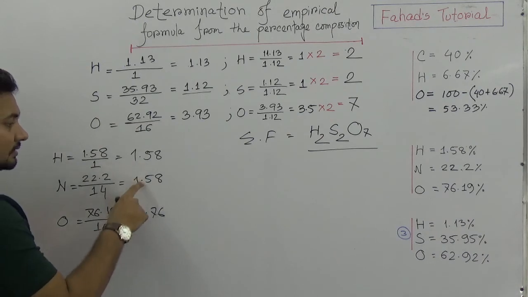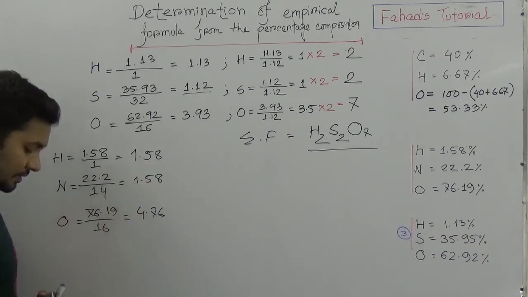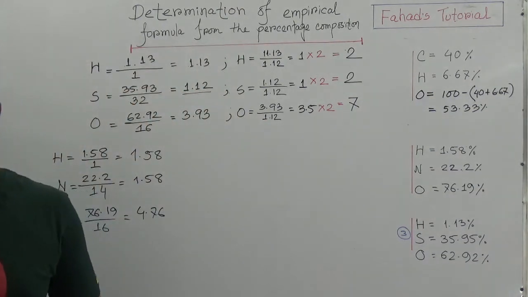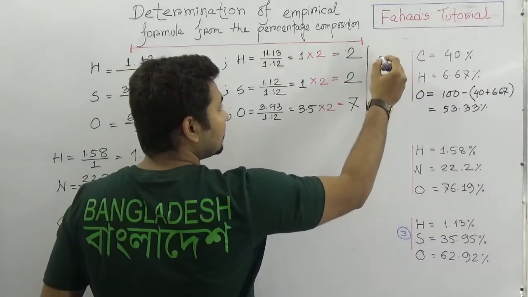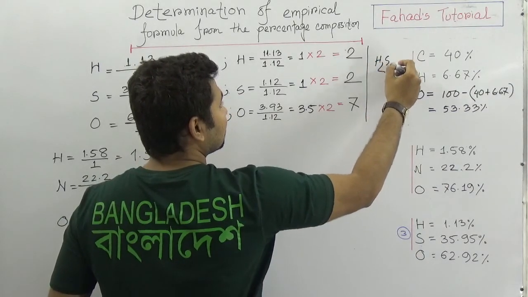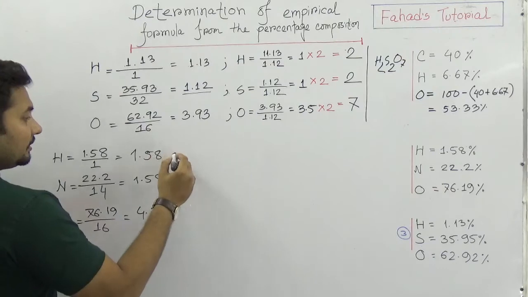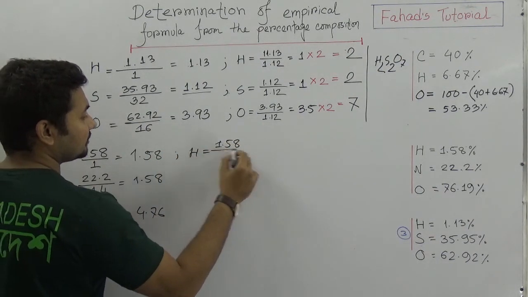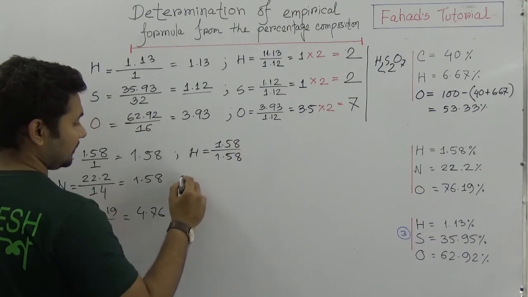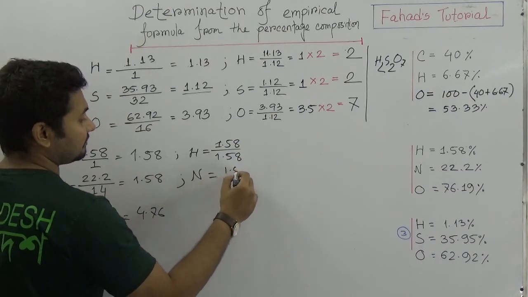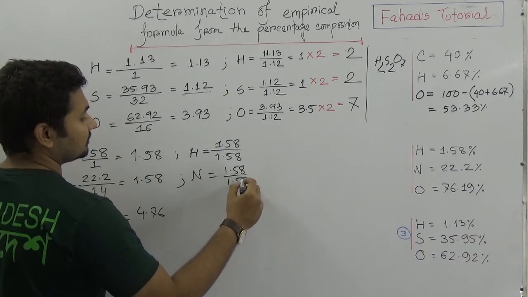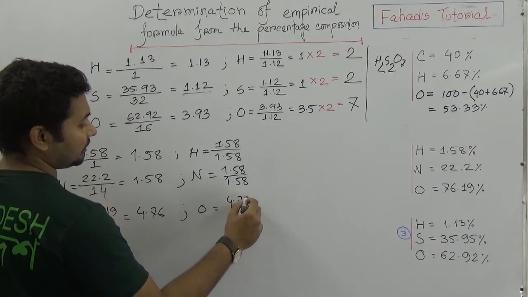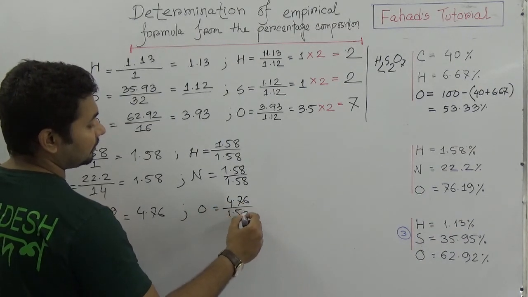Now I see the smallest one is 1.58. So hydrogen 1.58, I should divide it by the same. And in case of nitrogen, same, because it's about mathematics. And oxygen is 4.76 divided by 1.58.